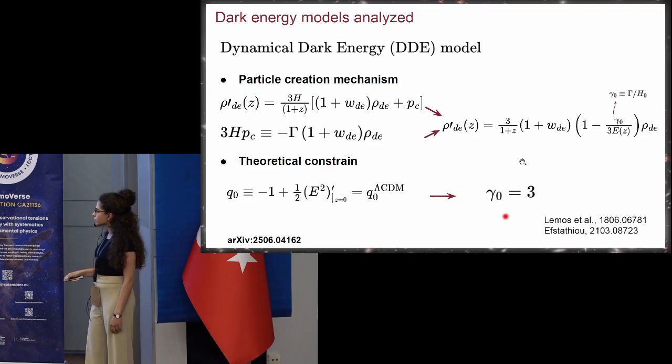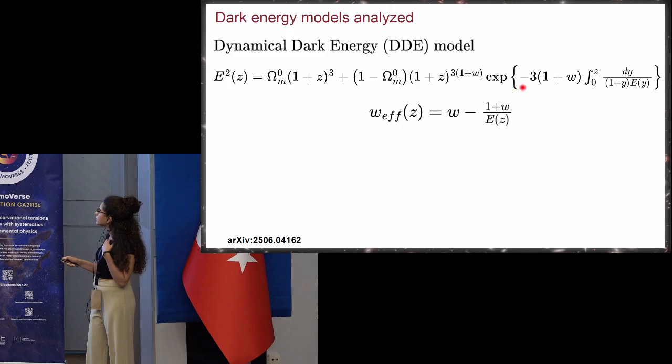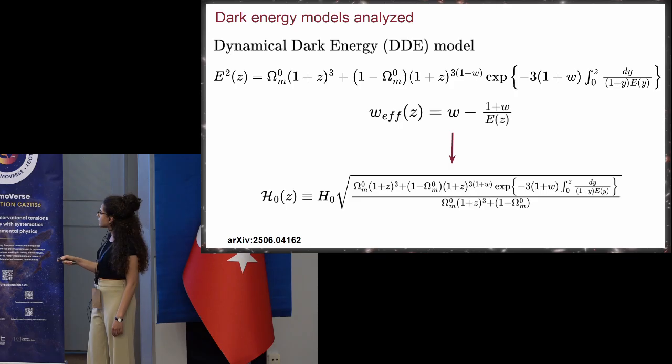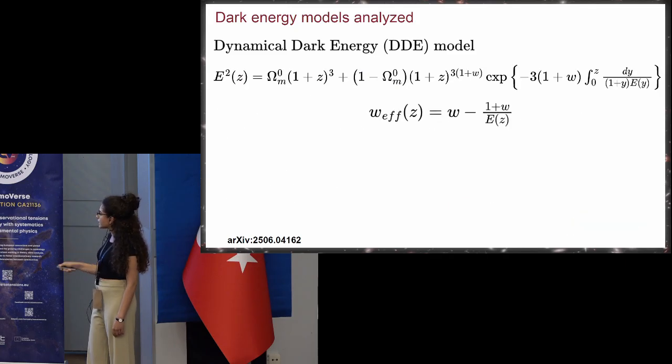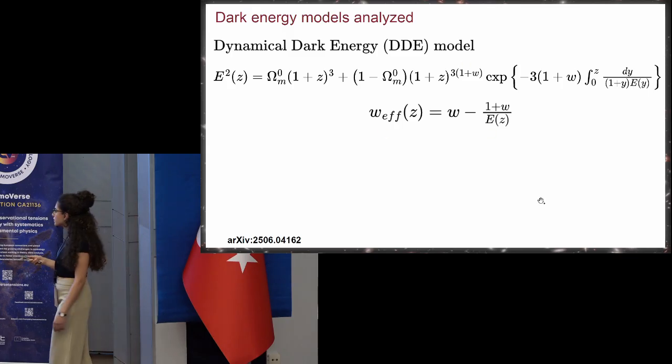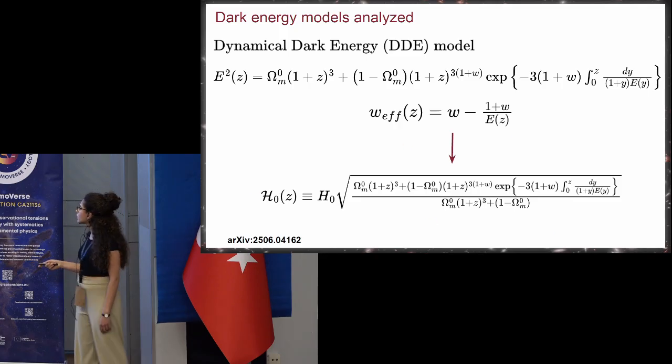This way, we are able to fix a free parameter of the model, and we have only one added free parameter, which is w. So in the end, we have the Hubble rate parameter for the model. This is the part of the dark energy, and from this continuity equation we can write an effective w, and we see that it depends on the redshift, so we have an evolutionary dark energy. And this is the function of the effective running Hubble constant.